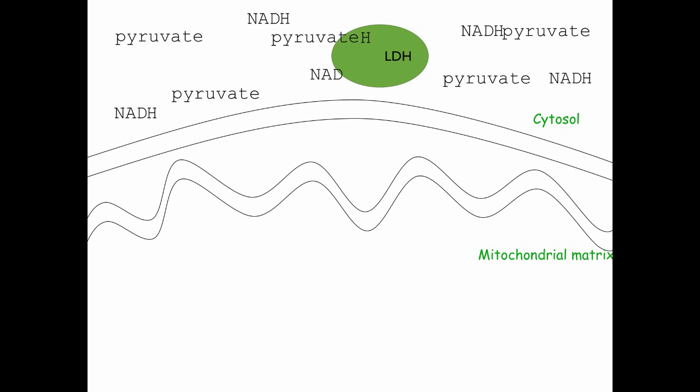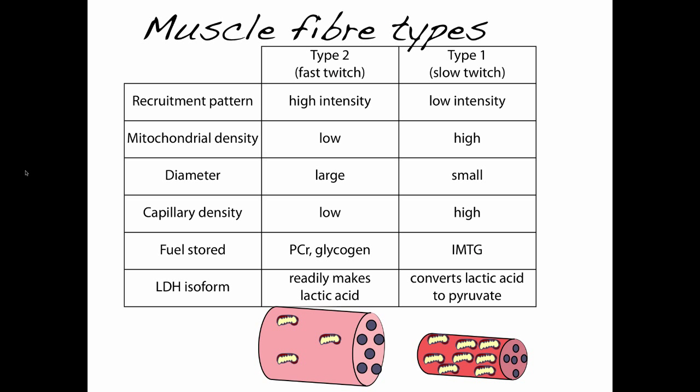And pyruvate and NADH can be in much higher concentration before lactic acid is formed. We've gone through a few differences between type 2 and type 1 muscle fibers. And we know that when more type 2 muscle fibers are recruited, there's a greater production of lactic acid.